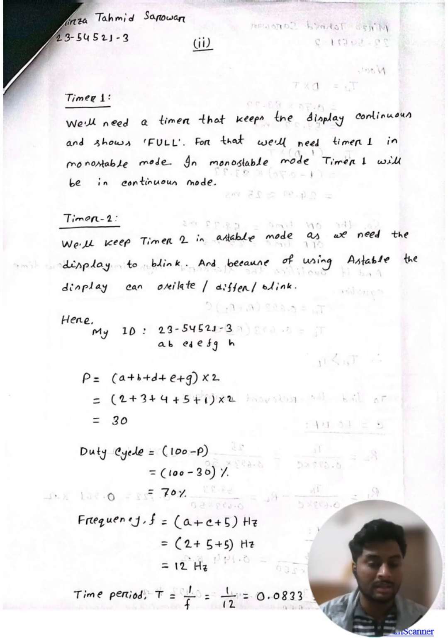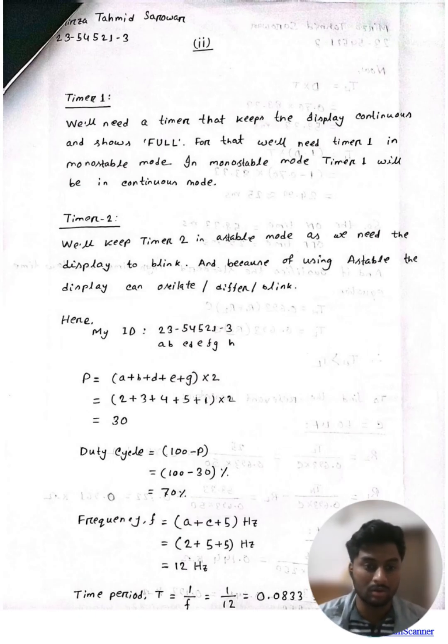As we know, to show something in continuous mode, we will need the timer in monostable mode. And for timer 2 we will keep it in astable mode, as we need the display to blink. Whenever it blinks, it will be in astable mode, and because of using astable, the display can oscillate or blink.